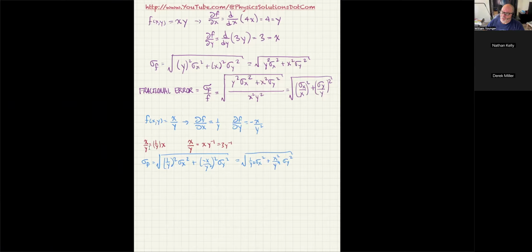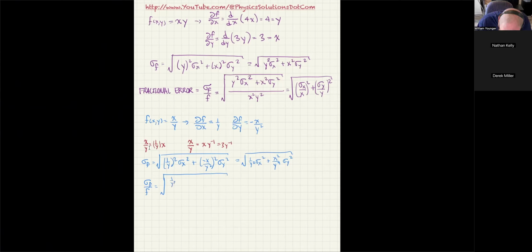But as I told you, whenever you're doing nothing but multiplications and divisions, it's probably better to use the fractional uncertainty and our fractional error. So that's what I'm going to do now. The fractional uncertainty, remember the symbol is the formula. So I'm going to take the propagated uncertainty, the propagated error, and divide it by the function itself.